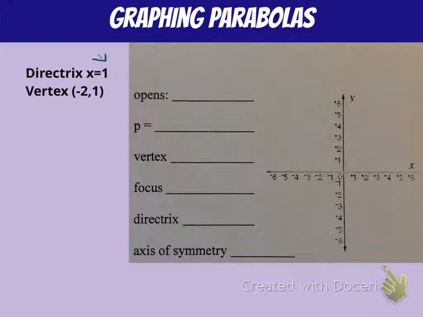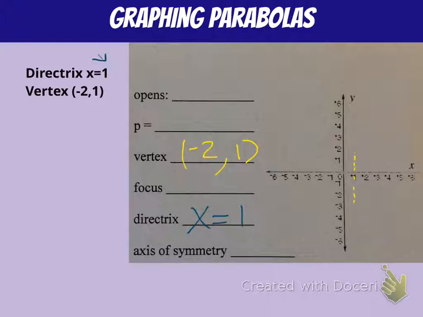I know the directrix is actually at x is equal to 1. So when I lay that down along with the vertex, I'm going to the x-axis. I'm going to lay down my directrix here. My directrix is going through this right here. And also my vertex, we've been given that. That's -2, 1. Go to that point.